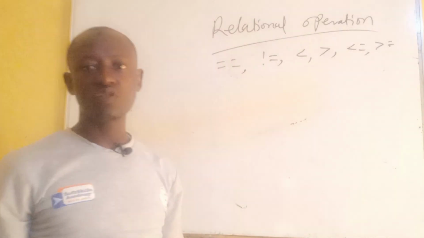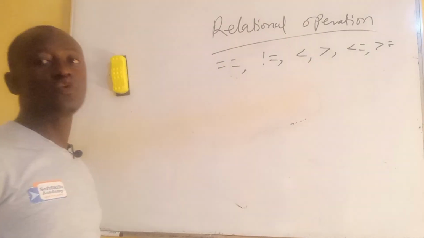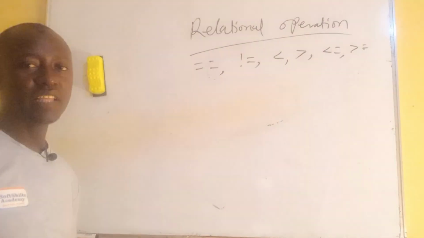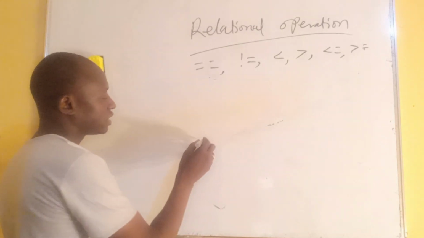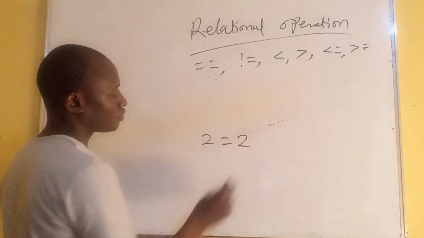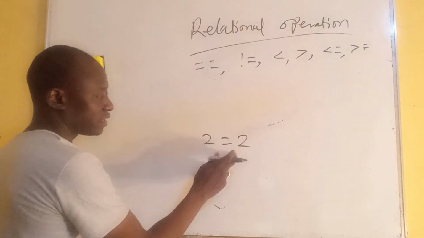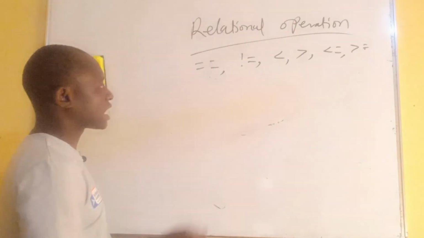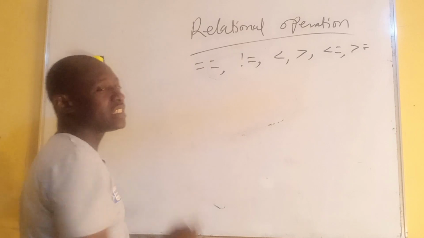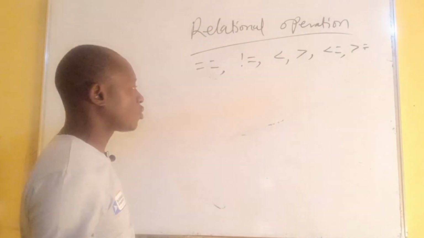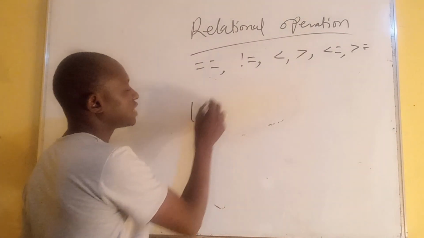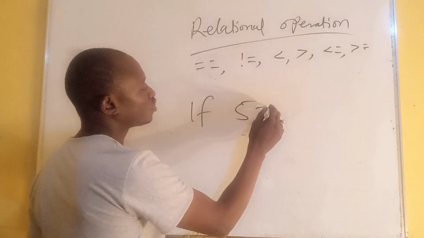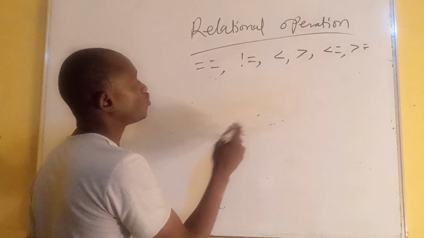Now, in mathematical operations, let's assume you want to compare two numbers. You said 2 is equals to 2, isn't it? You are comparing. But in Java programming in general, you use double equality sign as equality sign. If you say, let's assume we just use a mere statement, is 5 equals to 5?